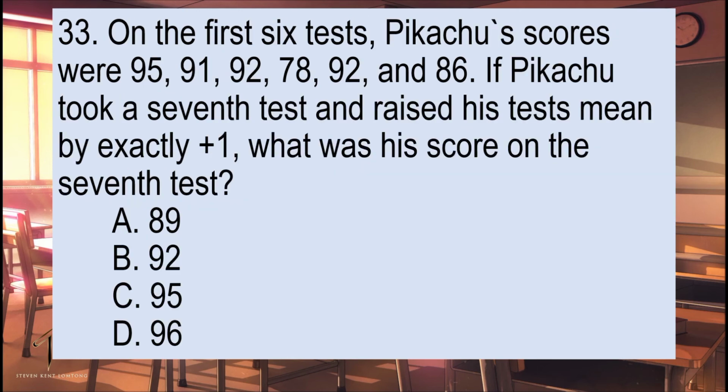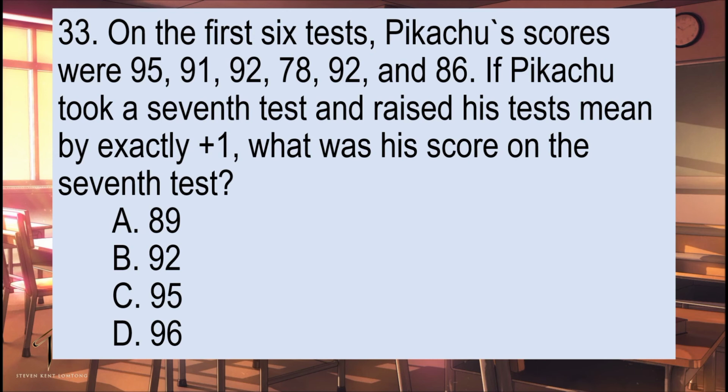Okay, so question number 33. On the first 6 tests, Pikachu's scores were 95, 91, 92, 78, 92, and 86. So, if Pikachu took a 7th test and raised his test mean by exactly 1, what was his score on the 7th test?